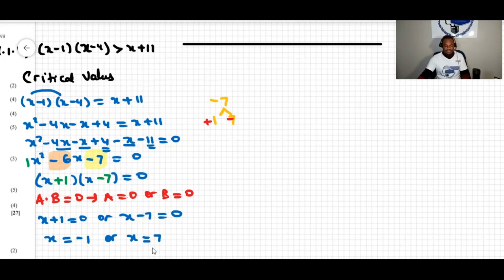They're going to be negative 1 over here and then 7 there. Now, the number line is split into 3 intervals. The first interval is from negative infinity to negative 1, the other interval from negative 1 to 7, and then from 7 to positive infinity. Those are the intervals.